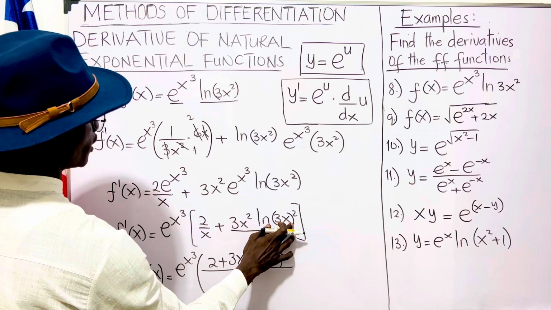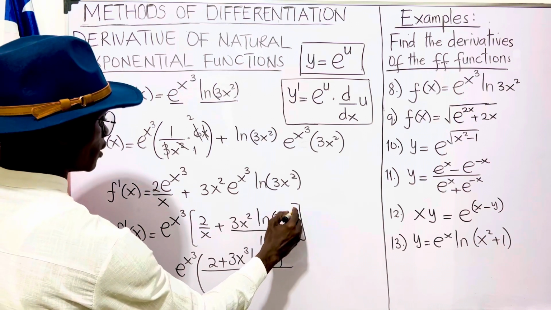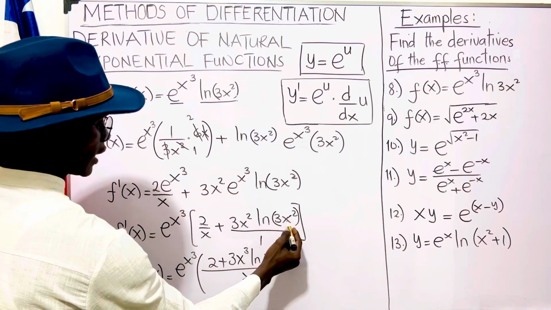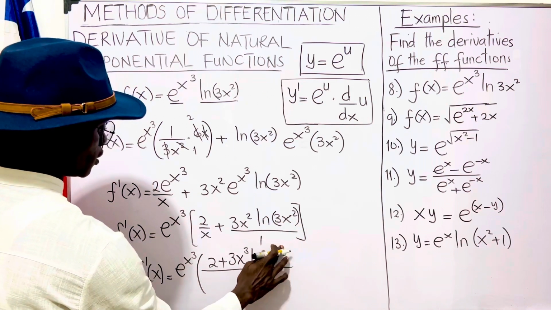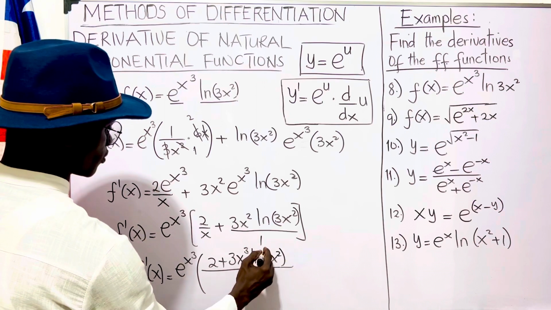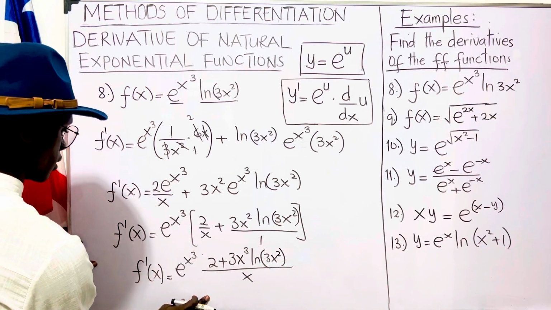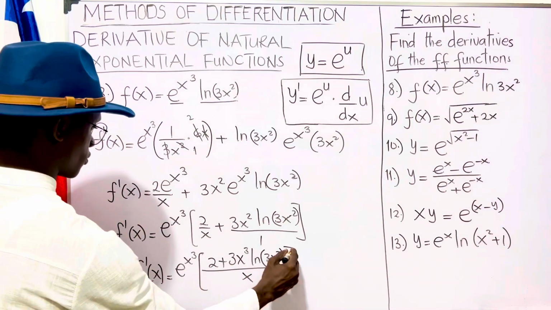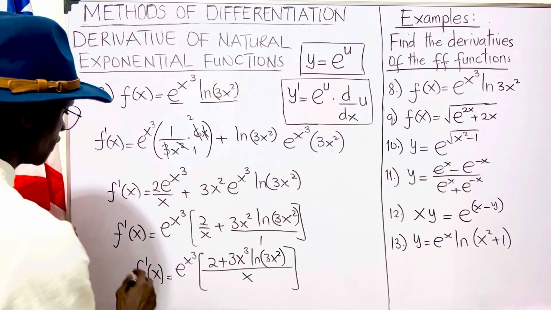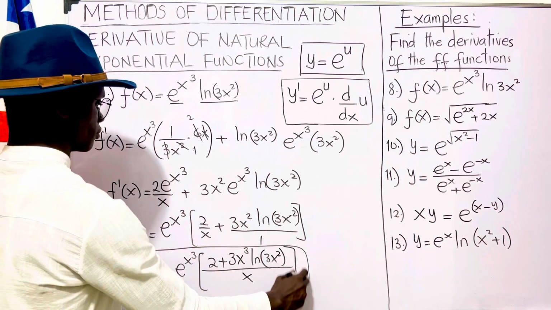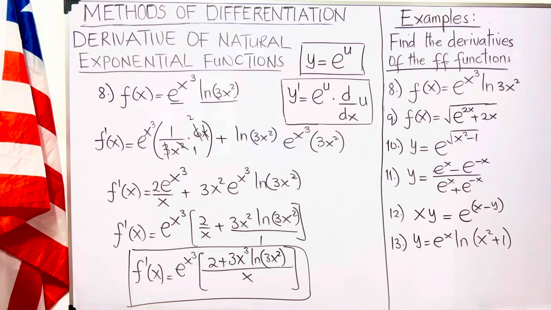Sorry, this is 3x squared; the square is only affecting this x, not the 3. So it's ln of 3x squared, and then all over x. So there's our final answer for that particular problem.